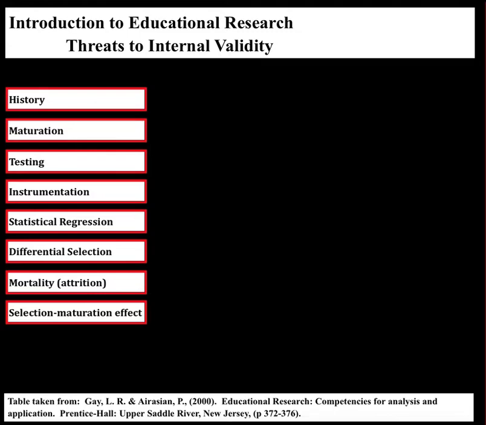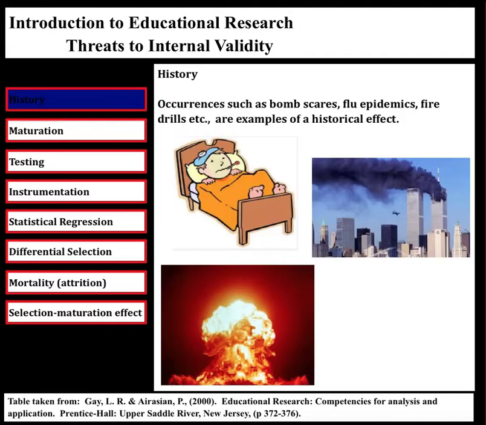Okay, the first threat then that you see on the top on the left side of your screen is history or a historical threat. History or historical threats to internal validity refer to events that take place during the length or history of the research project, but they're not part of the experimental treatment. They are environmental things that happen while the research study was going on.